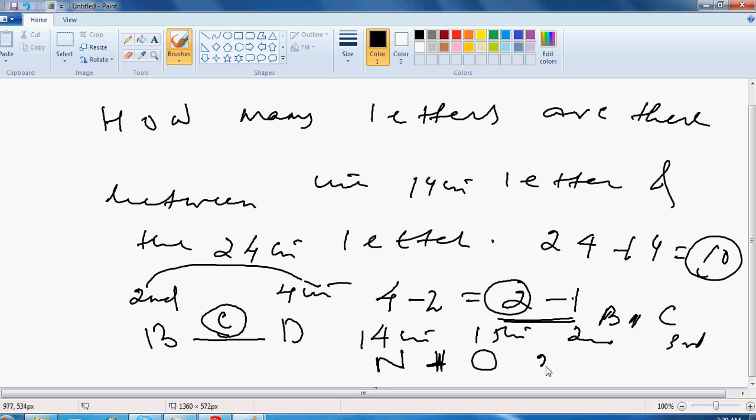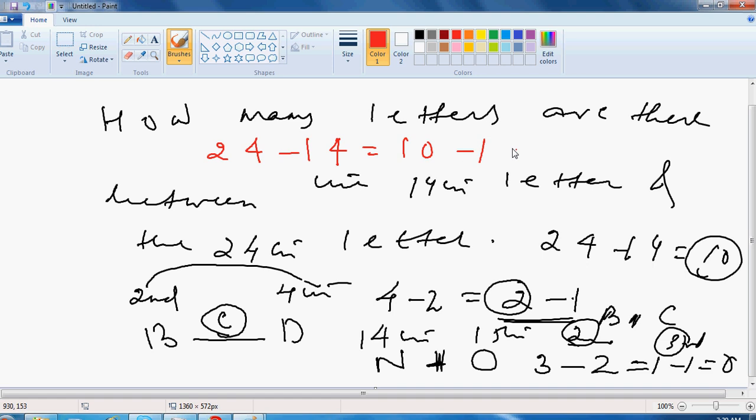In other words, simple subtraction 3 minus 2 is 1 is wrong. Subtract one more, this is 0. So the answer to how many letters are there between the 14th letter and the 24th letter: 24 minus 14 is 10. Subtract one more, that is 9. The answer is 9.